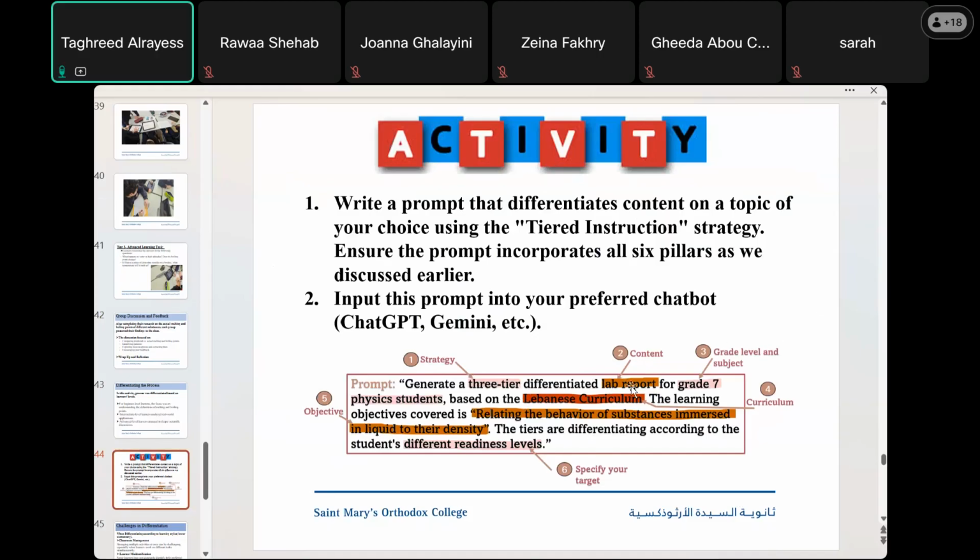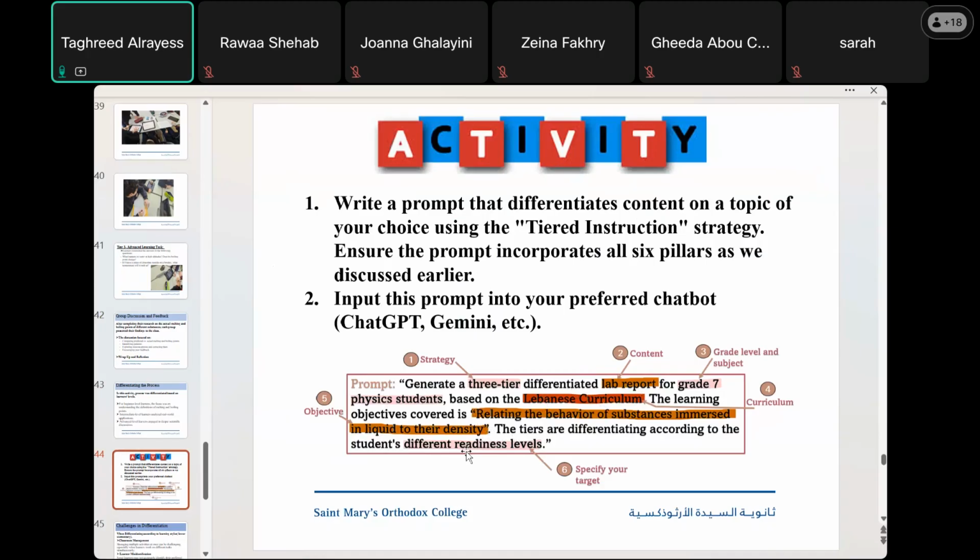Enter your content, the content of your choice, enter the grade level, your subject, choose the curriculum, and also answer the outcome. And finally, also choose your target. What do you aim to differentiate for? Is it different readiness levels as in the example here, or it can be the learning styles, or even the learners' interests in your classroom.